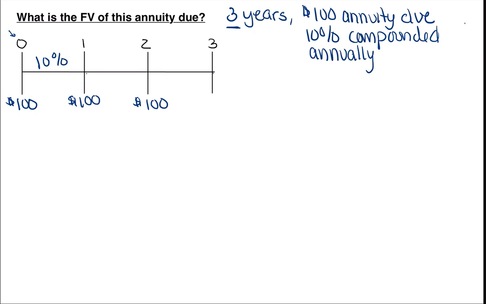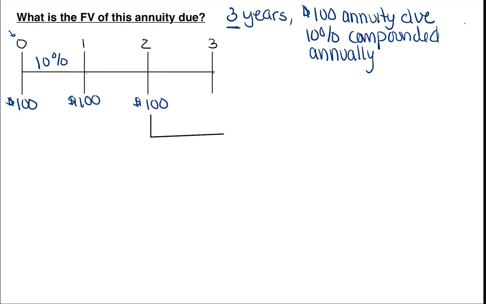I need to determine how many periods in the future I'm going to go. So for this first one here, I'm going to do the future value for this $100 that is being paid at the very end, or almost the end, okay?